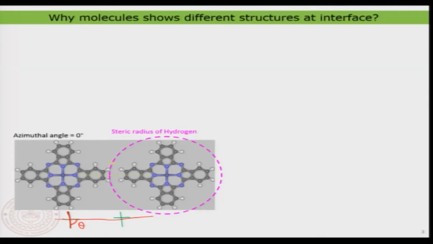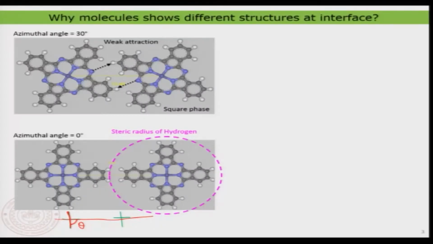So, I can span the azimuthal angle from 0 to 360 degrees. But since the molecule is C4 symmetric, a 4-fold symmetric molecule, with a symmetry group of D4h, which is unimportant in this case, everything between 0 and 90 degrees is what is interesting, and one need only consider from 0 to 45 degrees for understanding the entire picture. Everything else is symmetric otherwise.